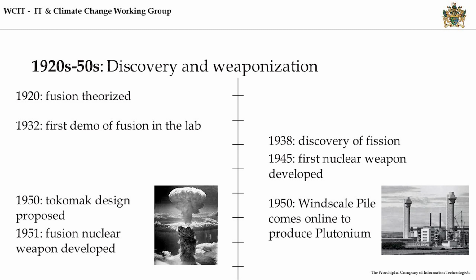So the first reactor that we had, maybe the second, Windscale pile, that wasn't for energy production. That was for producing plutonium in 1950. That came online, and its sole purpose was to produce plutonium for nuclear weapons. But it's important because it kind of set the design tone for as we went forwards.